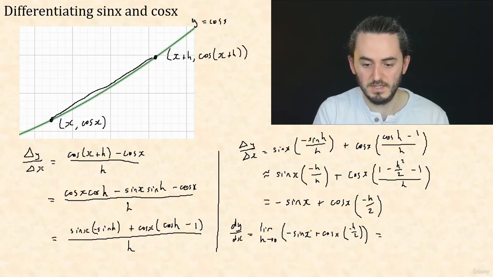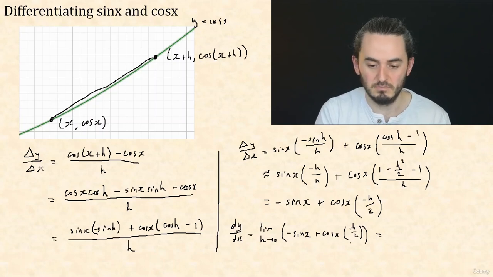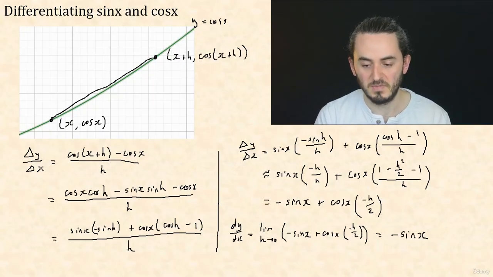As h goes to 0, the minus sine x survives, but the cos x gets multiplied by minus 0 over 2, which is just 0. So that destroys that, and I'm left just with minus sine x.